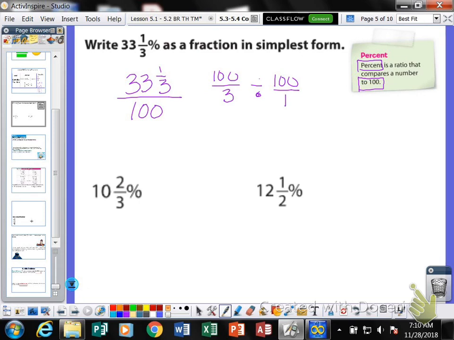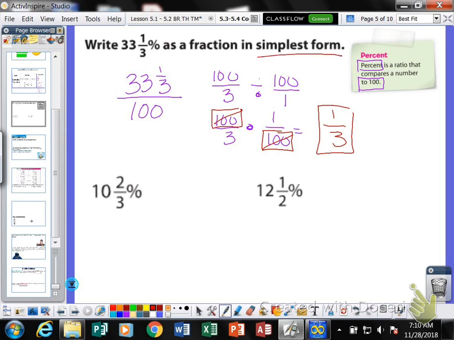And then we keep, change, flip, and then what we see here is we can simplify 100 in the numerator with 100 in the denominator, so they're gone, leaving me with 1/3 as my final answer. So that's my simplest form fraction for that first one.